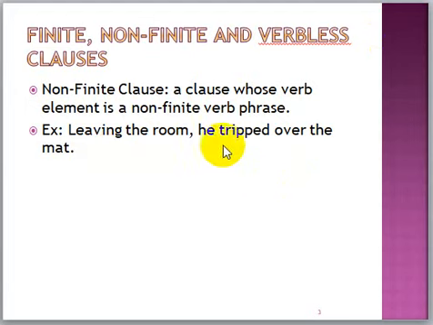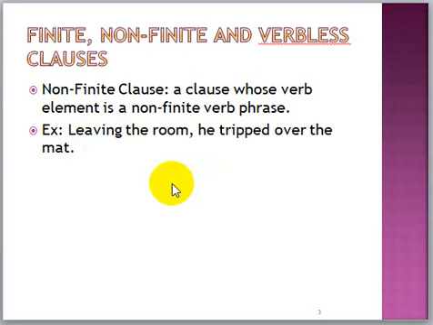Leaving the room, he tripped over the mat. Okay, so in leaving, the verb leave here has no tense and has no subject. So leaving here is called a non-finite verb.